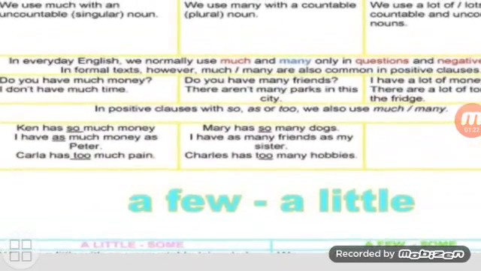In positive clauses with so, as, or too, we also use much or many. For example, Ken has so much money. Mary has so many dogs. In both cases, we have positive clauses.